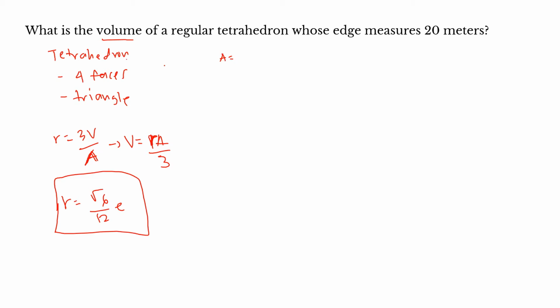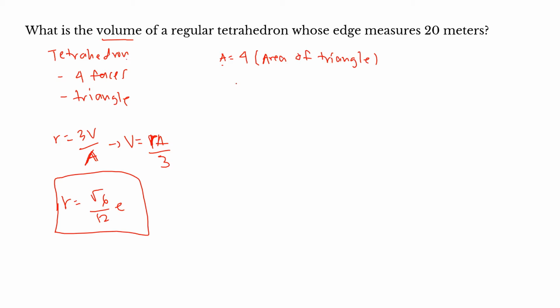For the area, take note that there are 4 faces. What is the face? Triangle. So to get the total surface area of your tetrahedron, you need 4 areas of the triangle. Area of the triangle times 4.